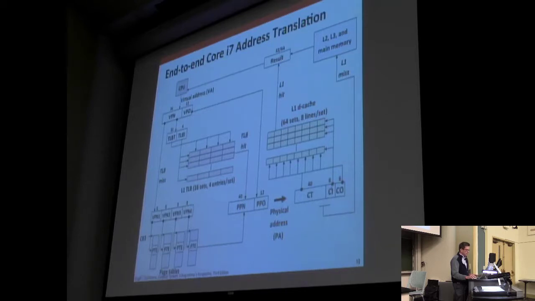Now, here's what I was alluding to before. Notice that the number of cache index and cache offset bits is exactly identical to the VPO in the virtual address. Okay, so the cache offset and index bits in the physical address are identical to the offset bits in the virtual address.